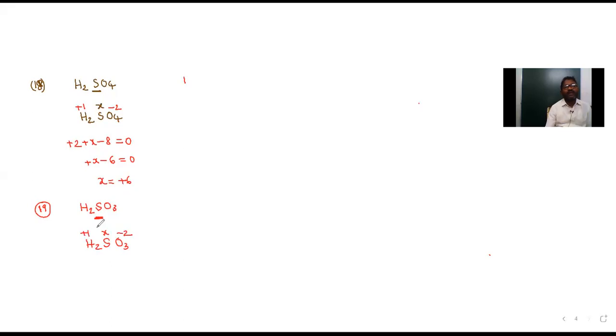Now you calculate. 2 into +1, plus 1 into X, plus 3 into -2, is equal to 0. So 2 plus X minus 6 is 0, X minus 4 is equal to 0. X is +4.